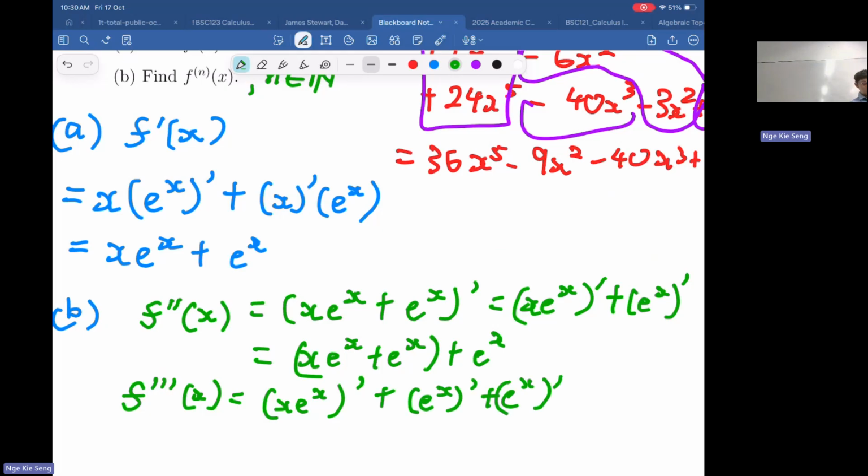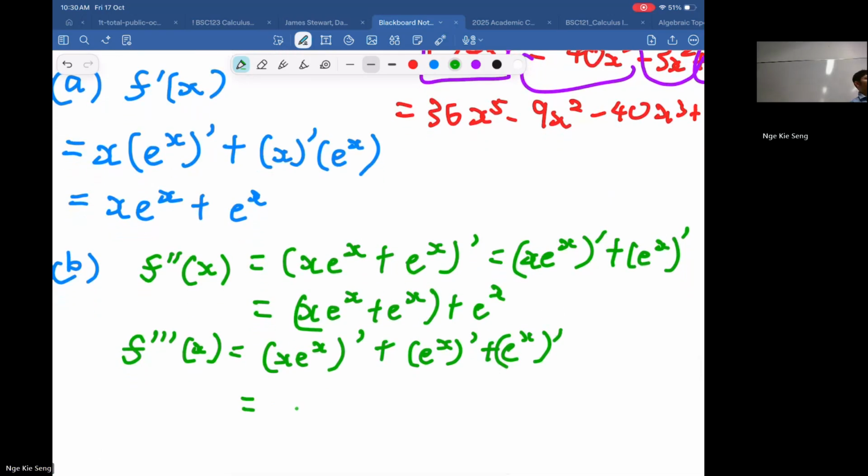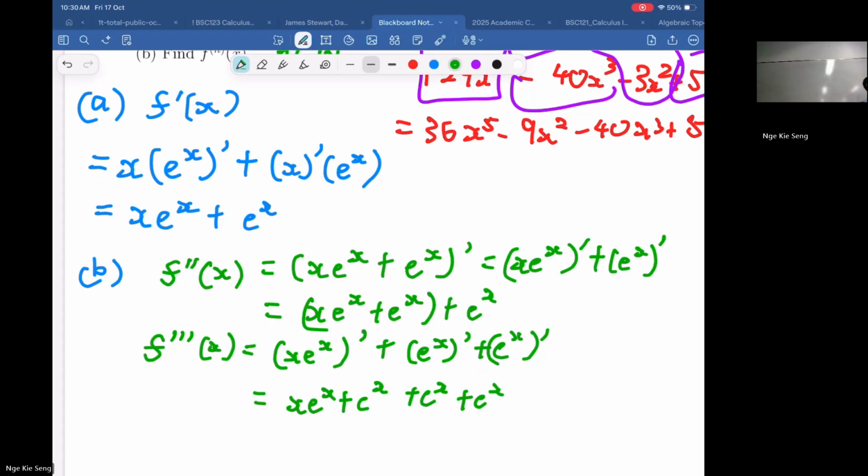So in the end, what do you get? You repeat inductively: x e^x plus e^x plus e^x plus e^x. Can you see the formula now? You will get more e^x, but you know exactly how many. Every time you differentiate, it adds one e^x.